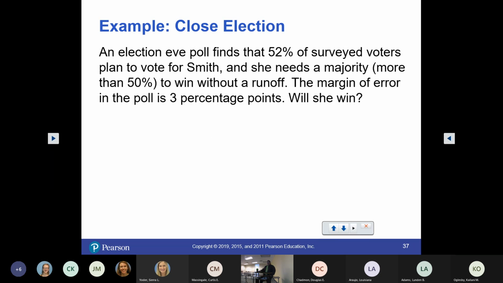And to vote for Smith, and she needs a majority, more than 50%, to win without a runoff. The margin of error is 3%, 0.03, and 0.52. Will she win?